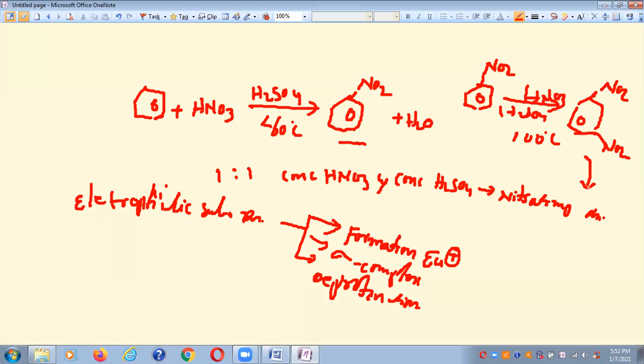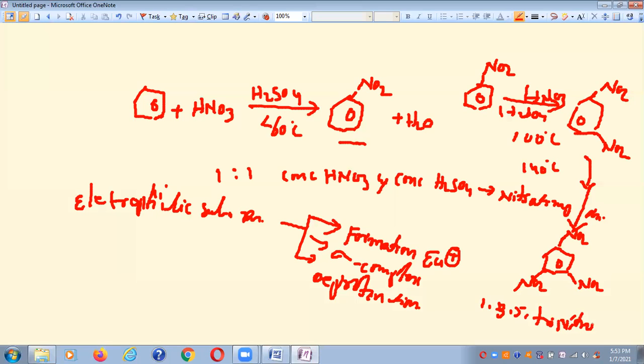If you maintain the temperature around 140 degrees centigrade or above, then what happens? This dinitrobenzene again undergoes a nitration reaction with the same reagent, and it ends up with trinitrobenzene, that is 1,3,5-trinitrobenzene.